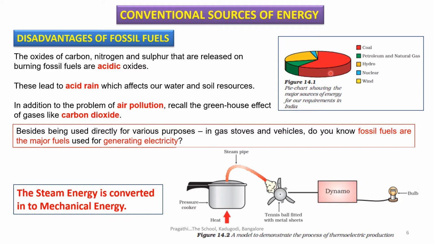Coal is a fossil fuel, and it is a conventional source of energy which is going to perish, which will get empty sooner. So much has been used as a source, and we create acidic oxides, acid rain, air pollution, and it will affect the greenhouse by using coal, which is very dangerous.